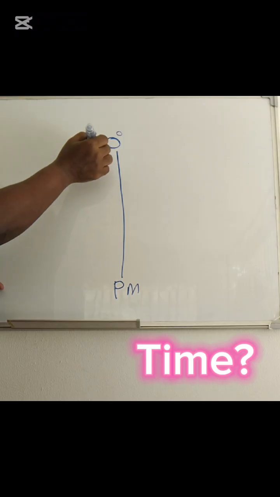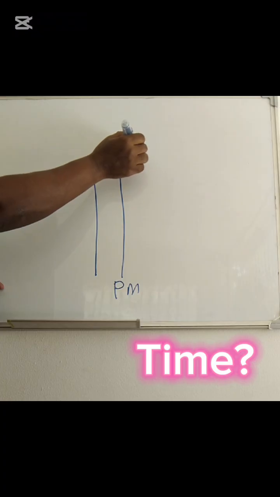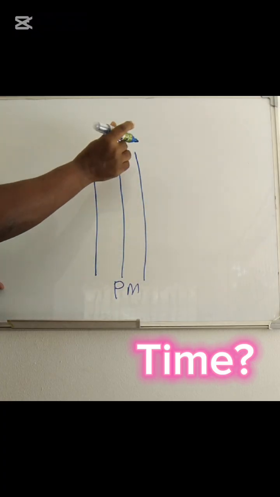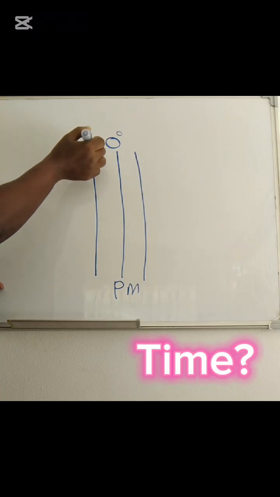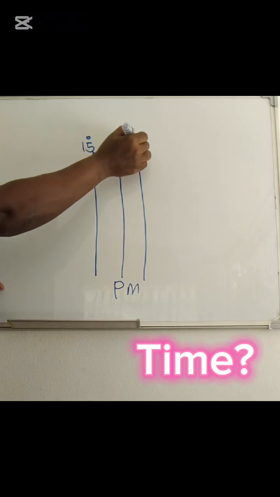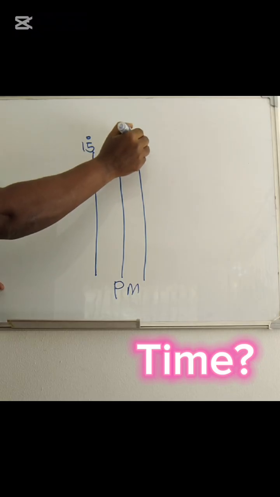Okay, and if I should continue to illustrate, we said that for every 15 degrees there is an hour. So let's illustrate using 15 degrees.